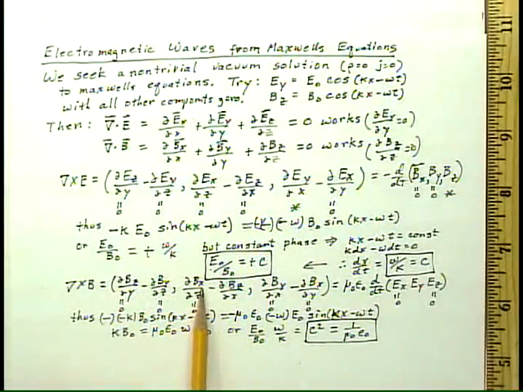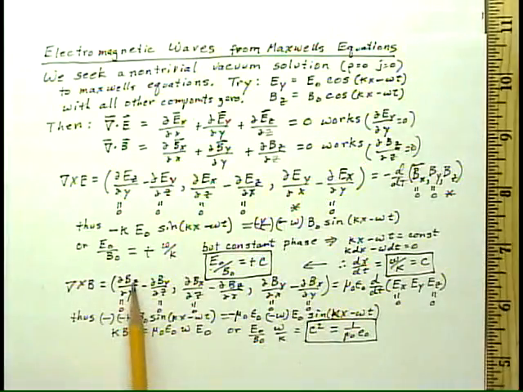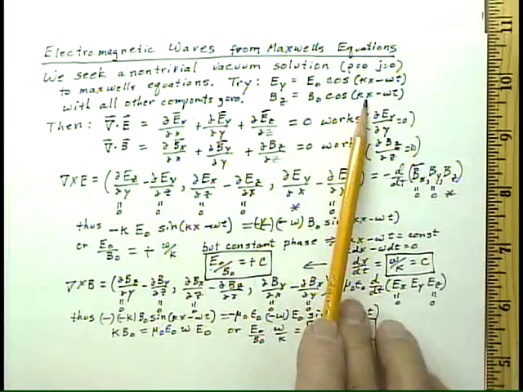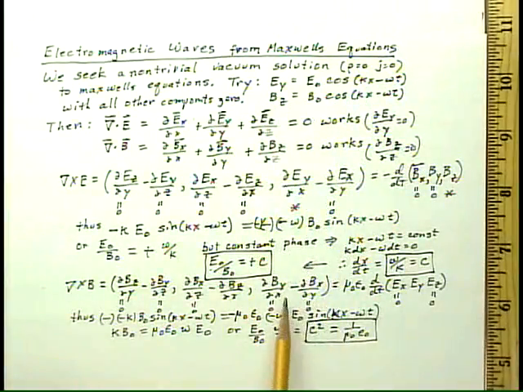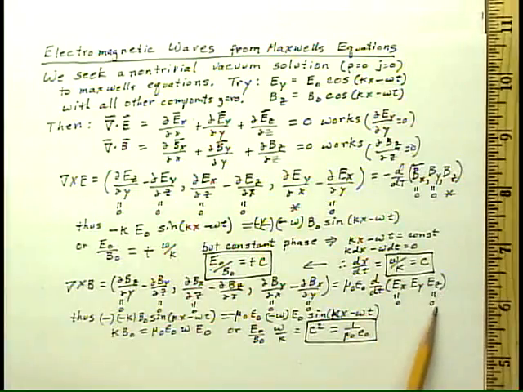Finally, the derivative of Bz with respect to y vanishes because Bz does not contain y, and we're only left with the partial of Bz with respect to x, which is this term here. Every other term vanishes. Likewise, over here, Ex and Ez automatically vanish, and we're only left with Ey.